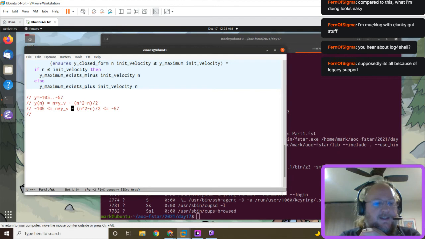For an n, it's just a linear inequality. If we fix n, it's just a linear inequality. But if we fix yv, then it's a quadratic inequality, which there are things we can do with it.